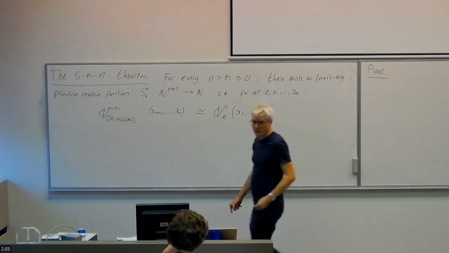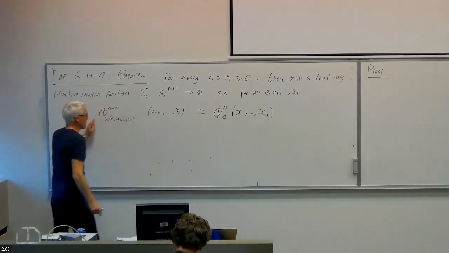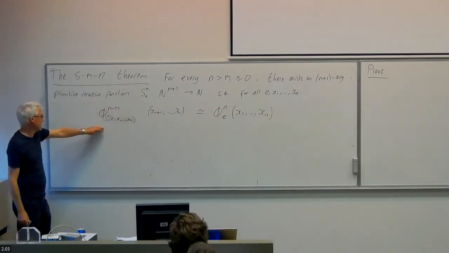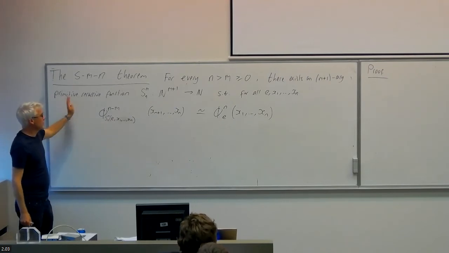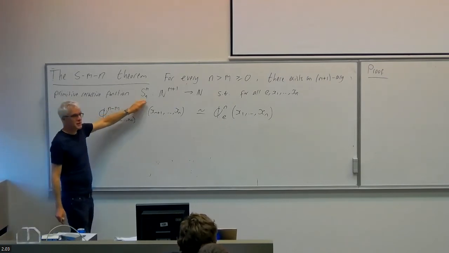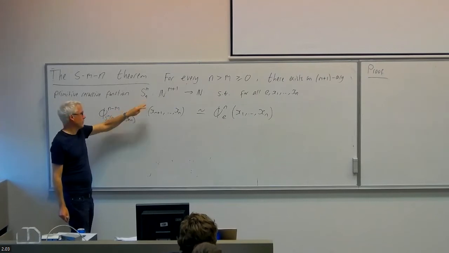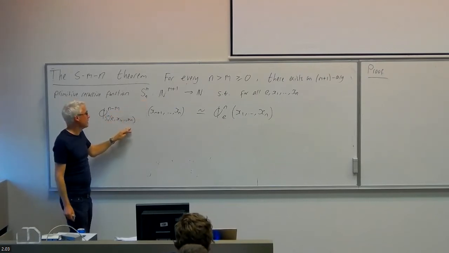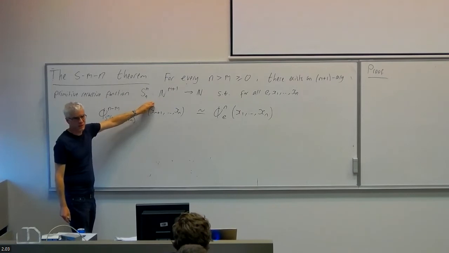But the proof itself is one of these cases where thinking about what we need to prove actually helps us understand the theorem. So what we're saying is that there exists a primitive recursive function with a certain property. So we need to construct this function.